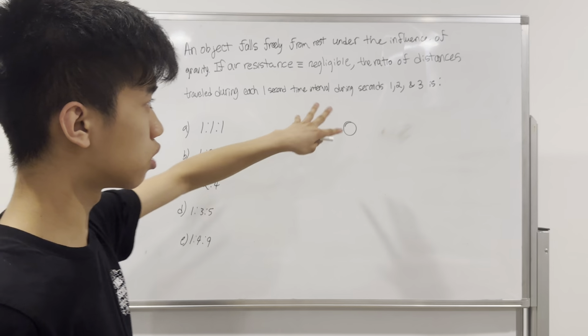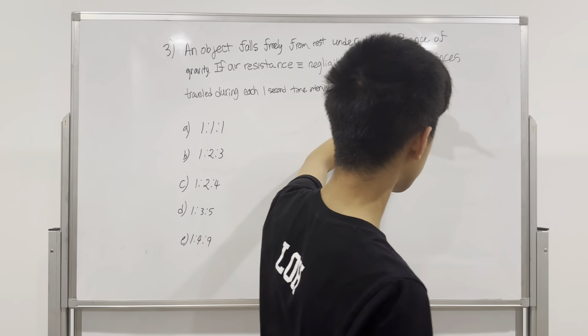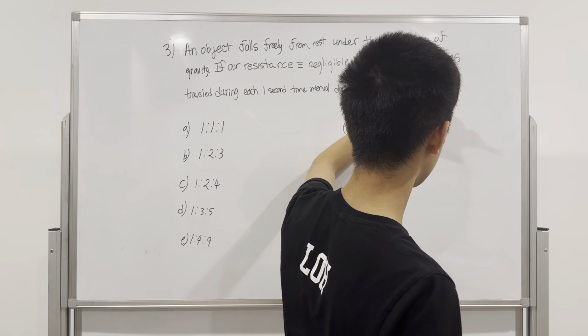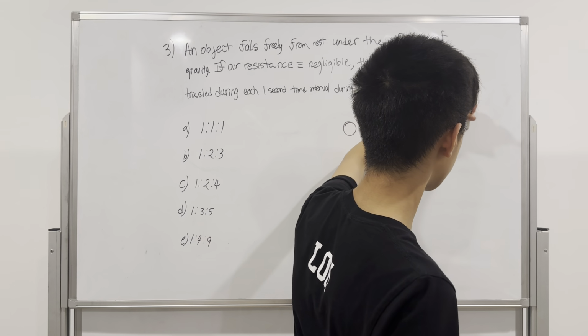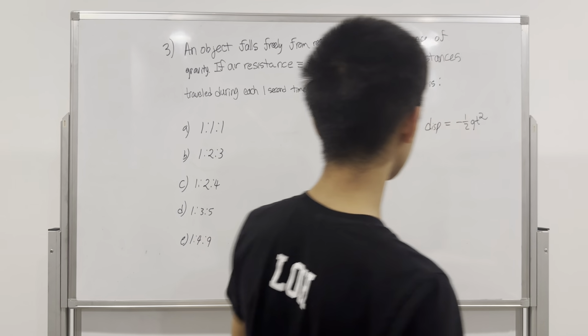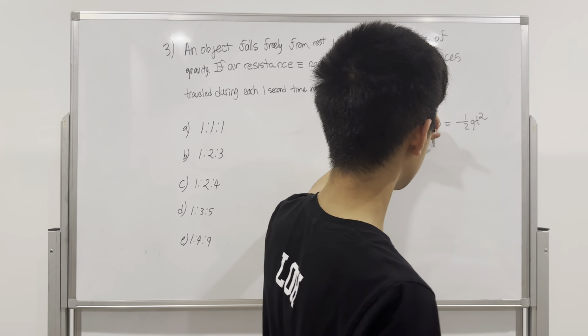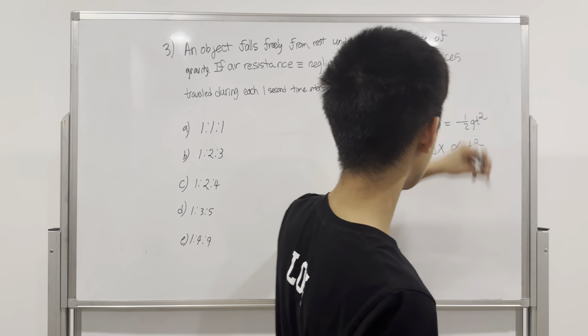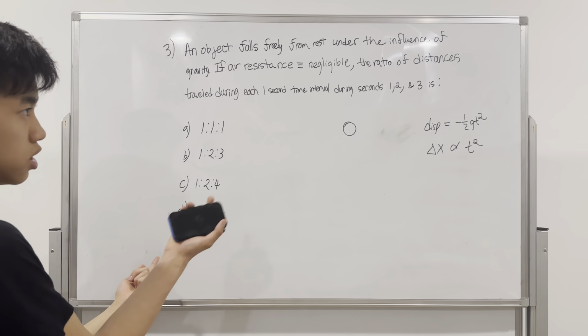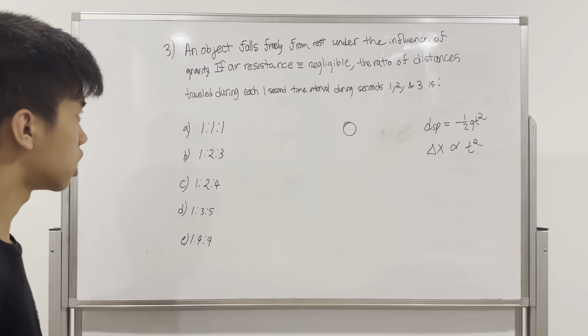Well, because you know that displacement is equal to negative 1/2 g t squared. So, if change in x is correlated to t squared, then it'd obviously be E, right? It's obvious.